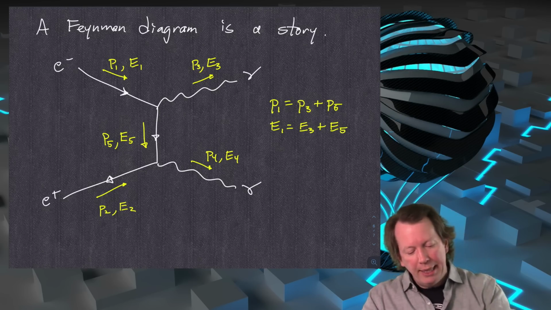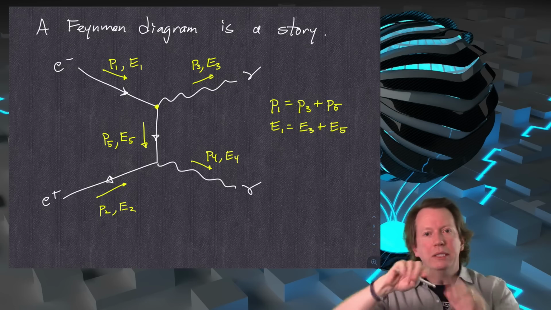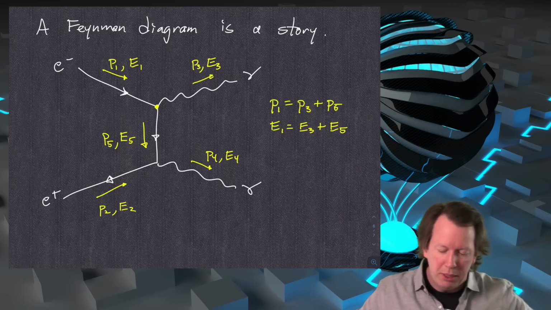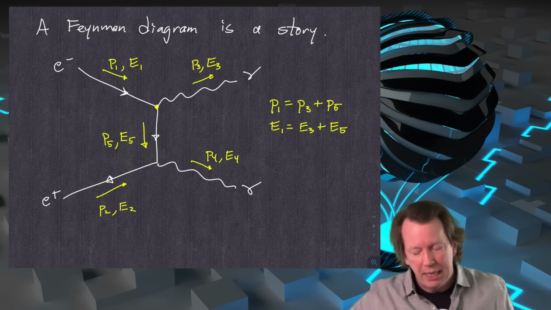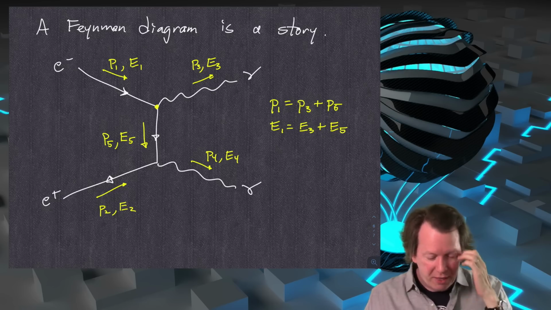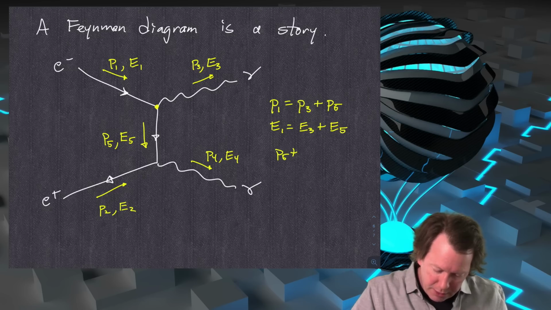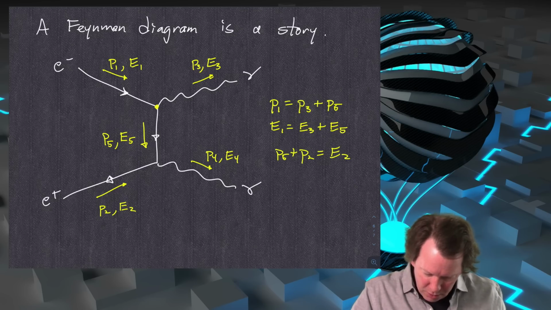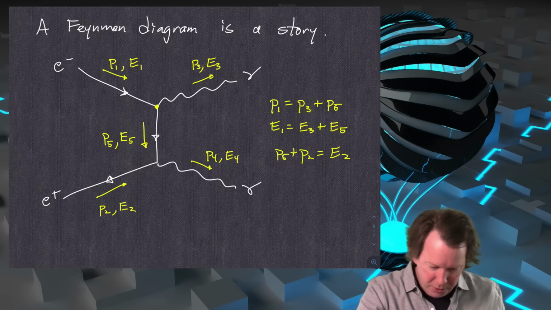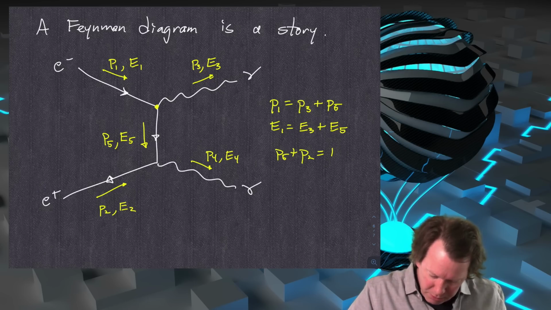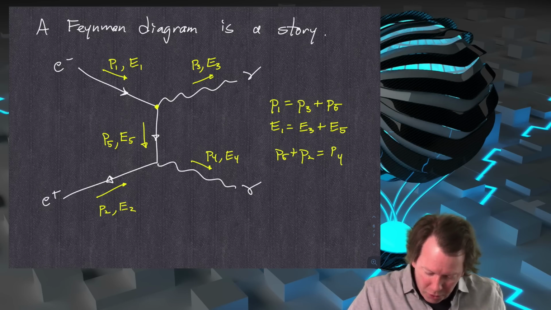That's because at this vertex right here, P1 splits. It goes partly into P3 and E3, partly into P5 and E5. And then that P5 and E5 recombine, so we have P5 plus P2 equals P4. Nope, I wrote E2 at first, but it equals P4. That's what happens at this vertex, and likewise E5 plus E2 equals E4.